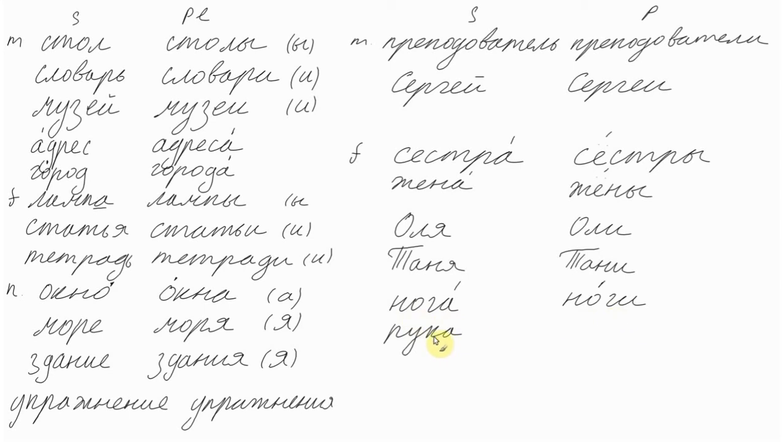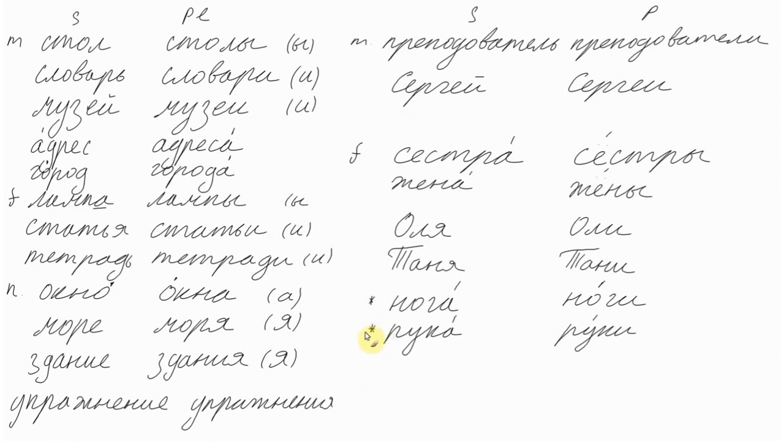Нога, ноги, рука, руки. So hand, hands. А is changing to и. Рука, руки. And again here we got floating emphasis, and we cannot know it. So it's an exception.